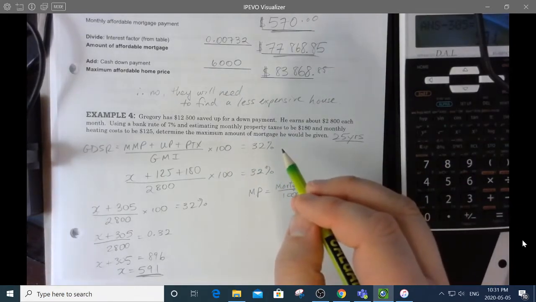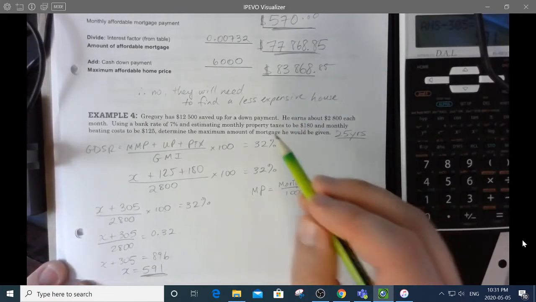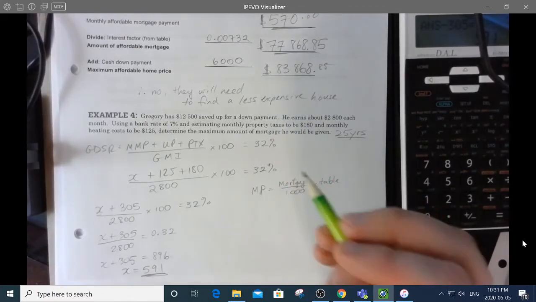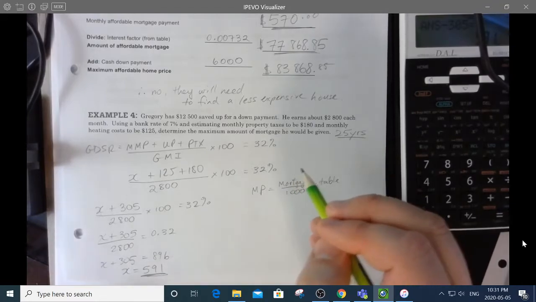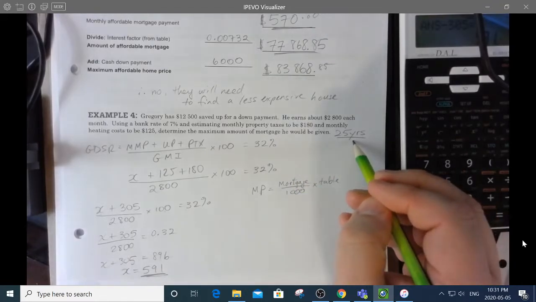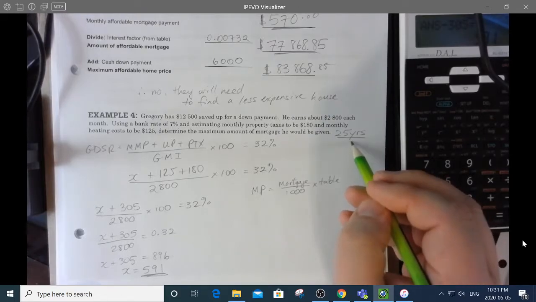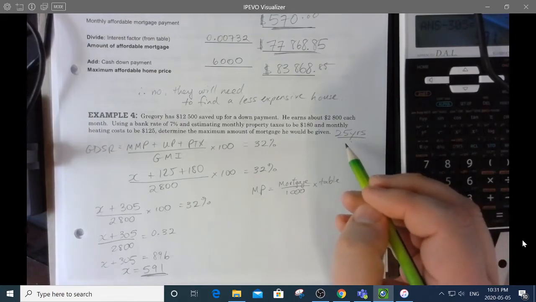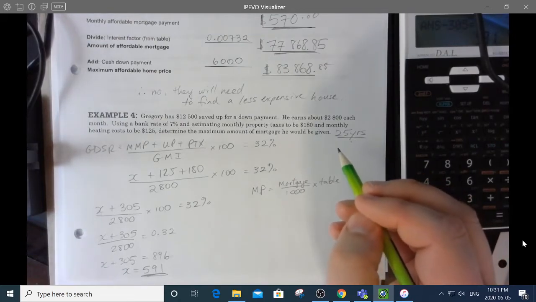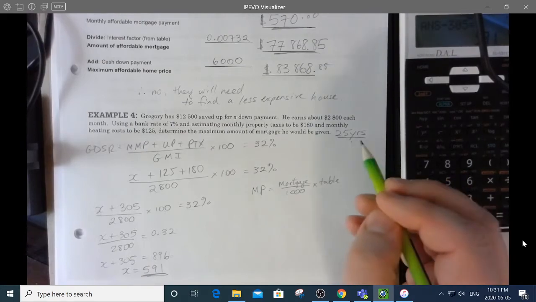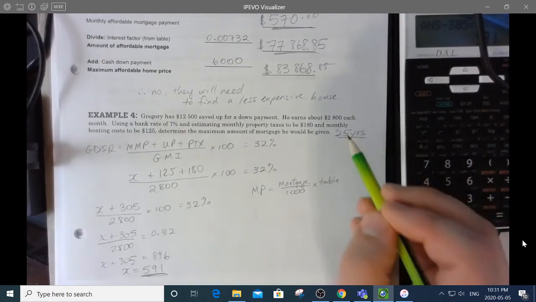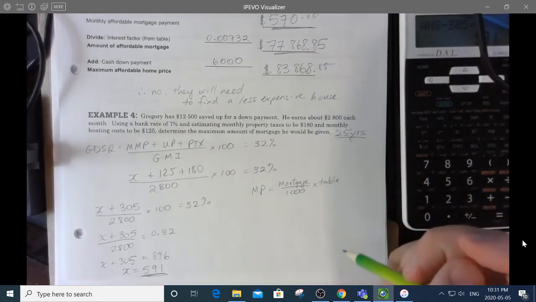It should make sense to you that if he's going for the maximum amount of mortgage he could get, so to buy the most house that he can, he's going to just automatically ask for the biggest term, the biggest amortization term possible, right? If you wanted to pay a mortgage in less years, it's going to cost you more each month, and it's going to be more towards interest. So you're better off with, you can buy more house with a longer mortgage.